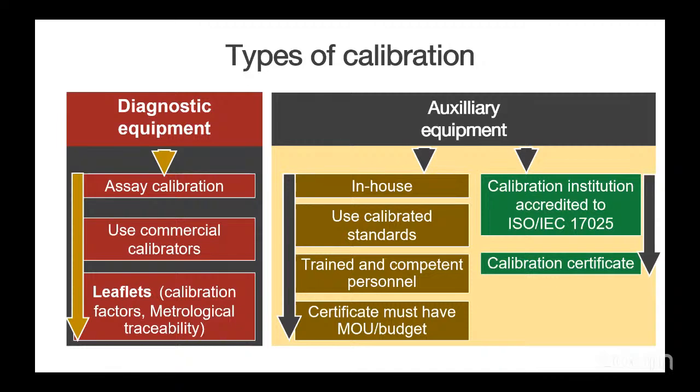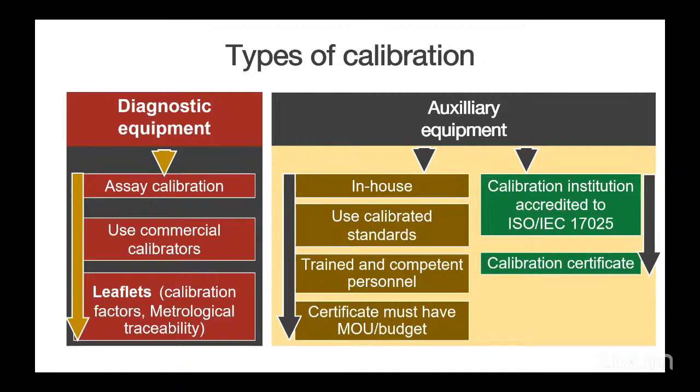So all your small equipment, your auxiliary equipment, has to be calibrated. Like timers, pipettes, centrifuges, etc. All biosafety cabinets have to be calibrated, and they must have a calibration certificate.